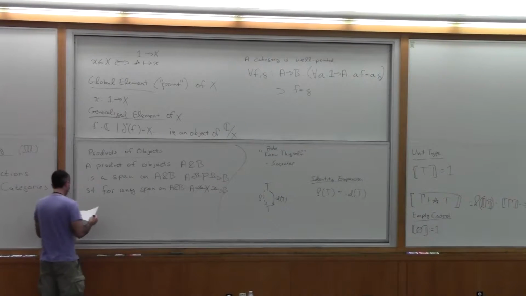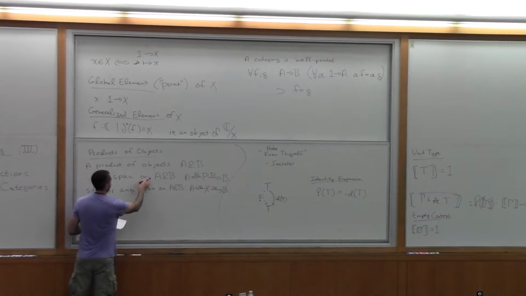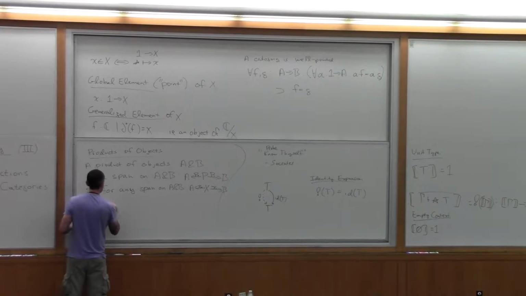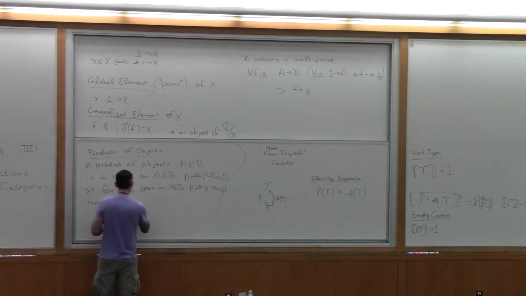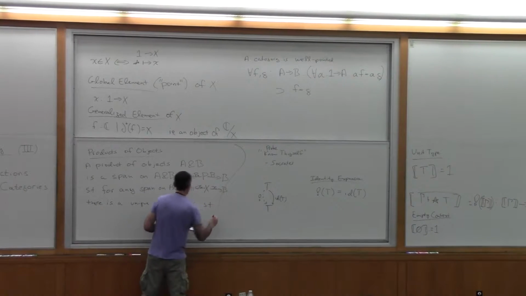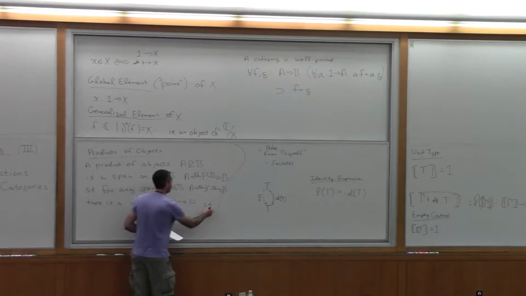It's another span. Okay, so this is the distinguished one. This is the probe one. There is a unique mediating arrow, which I'll write T, going from the vertex of the probe thing to the vertex of the distinguished thing, such that the following diagram commutes.